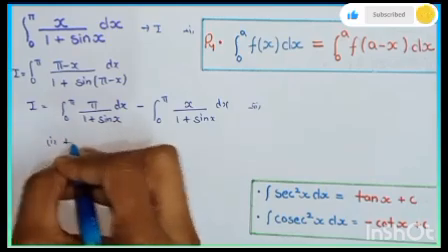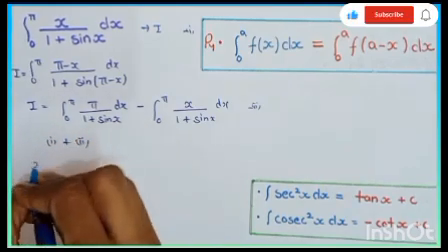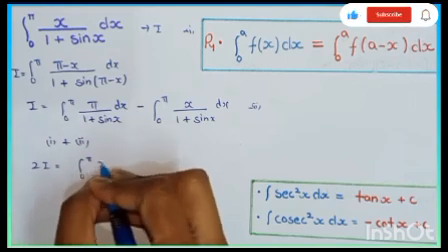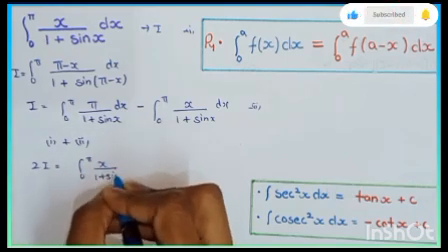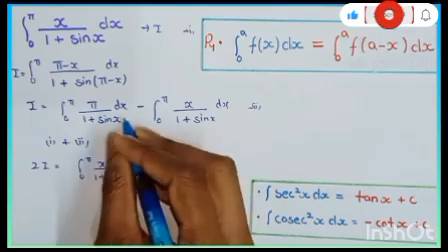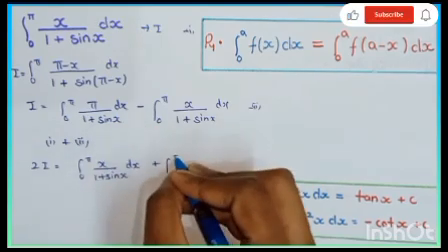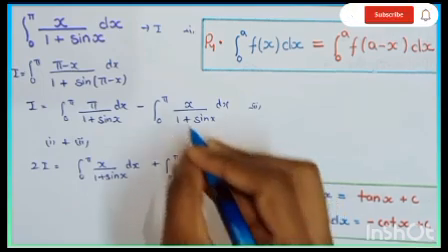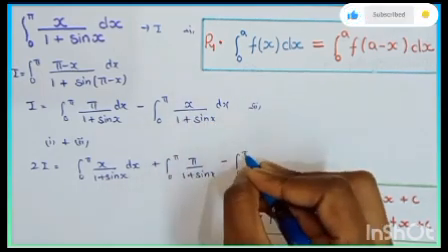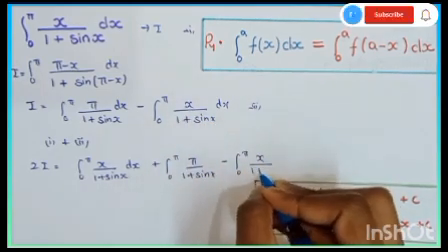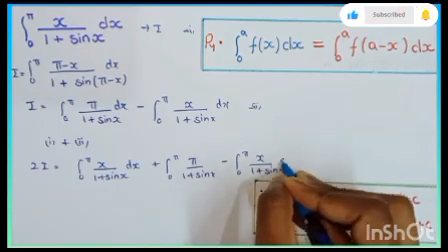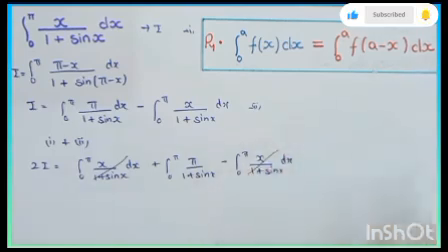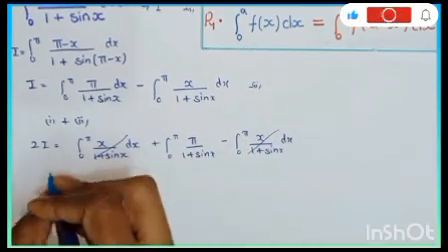So what do we get? 2I equals 0 to pi, x, 1 plus sin x dx, and what do I have? 0 to pi, pi over 1 plus sin x, and what is this? Minus 0 to pi, x, 1 plus sin x dx. Okay, same. This is positive, this is negative. Cut it off. So what do I have left?